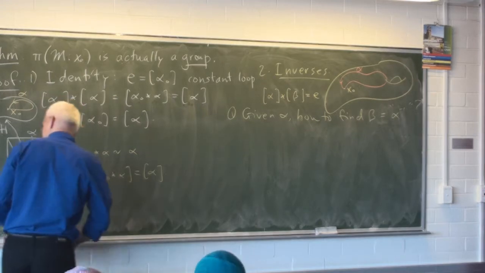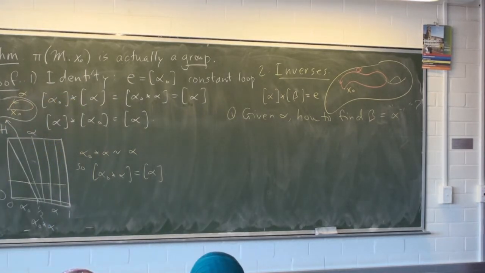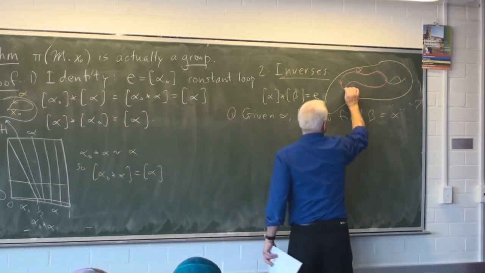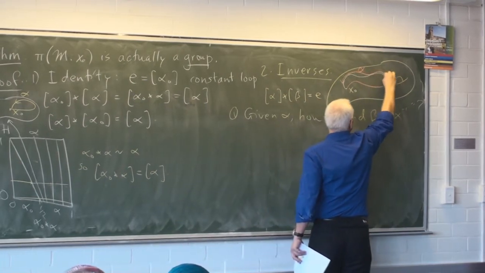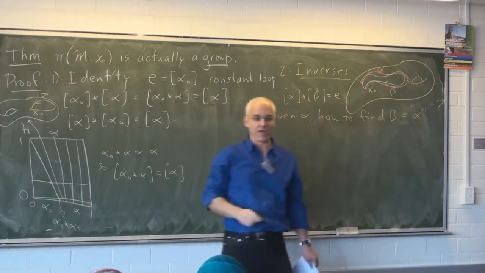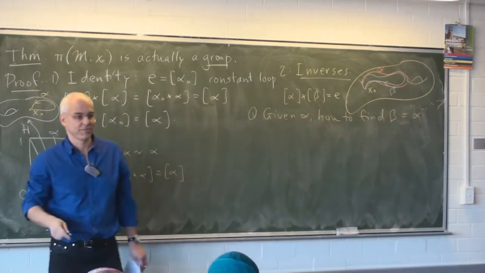Well, the idea is to do the simplest possible thing. Beta is going to be the curve alpha reversed.